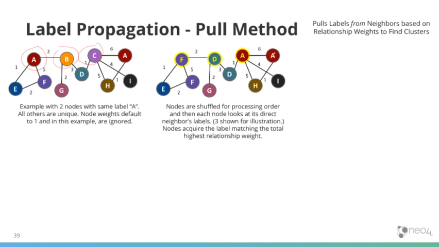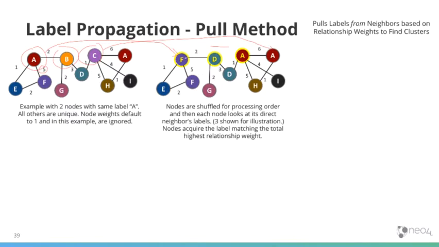We can see why A, looking at 1, 5, and 2, with 5 being the highest value, would acquire an F label. B becomes D in this case. C, looking at the values of 1, 5, 4, and 6, would obviously take 6 and acquire an A label.